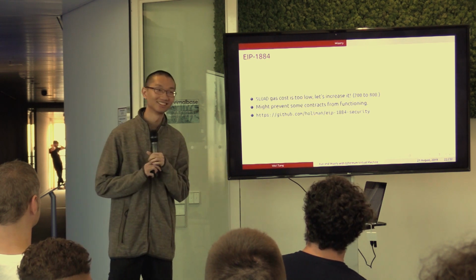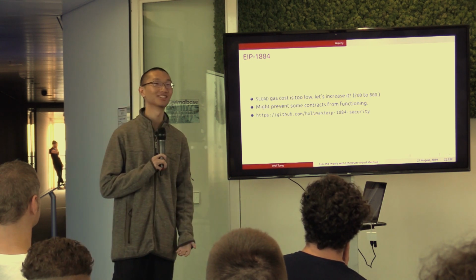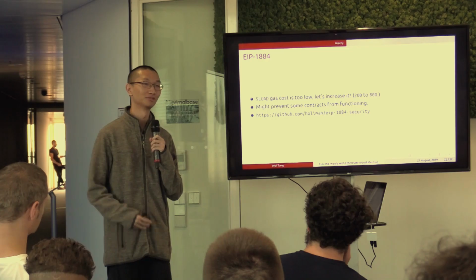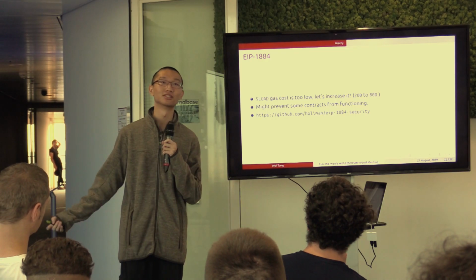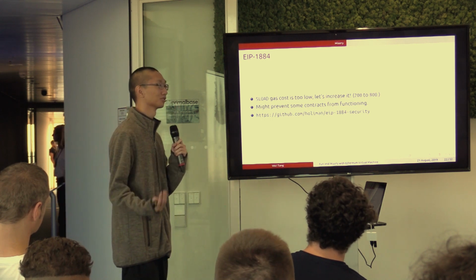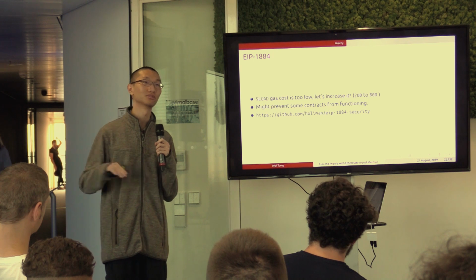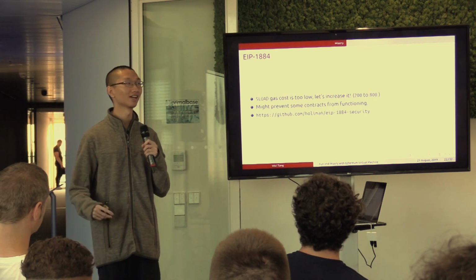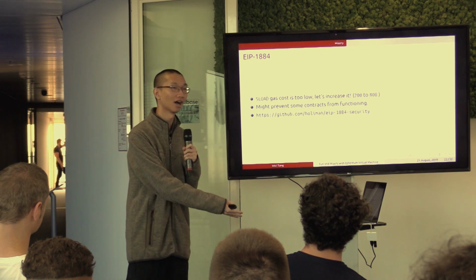So, we talked about a decrement of gas cost, and there comes a new EIP, EIP 1884, which is going to be included in Istanbul. This EIP is also a relatively simple gas change, and it has some other objectives.